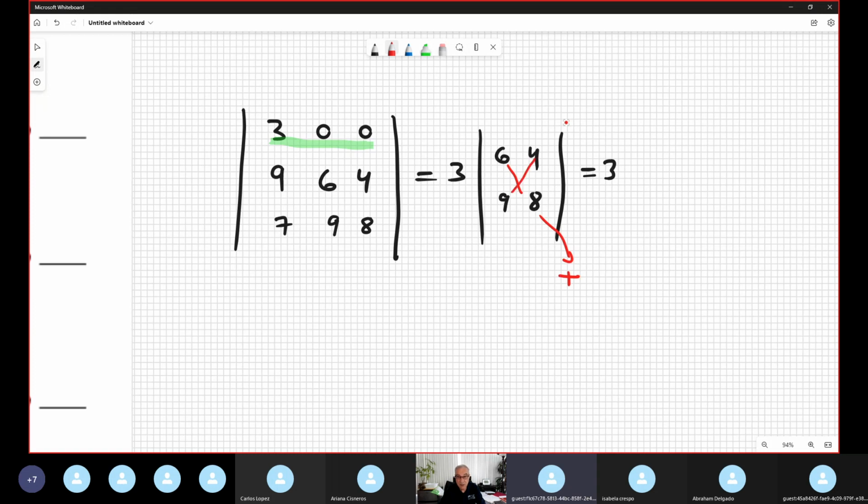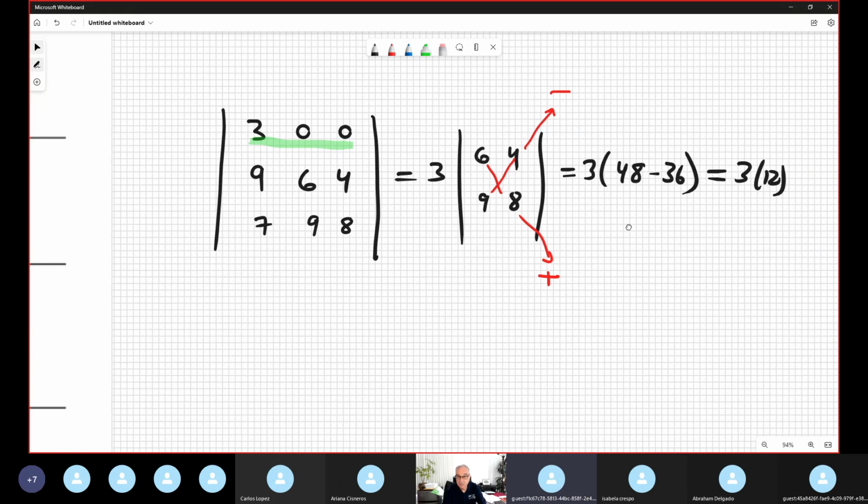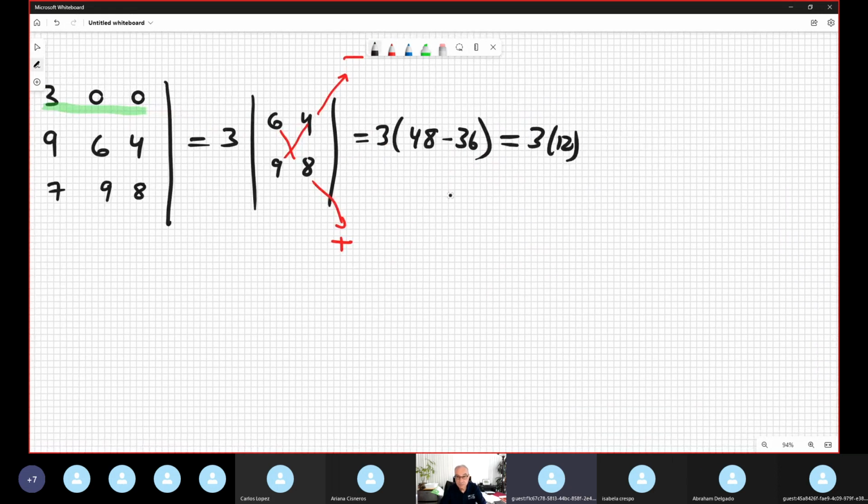And you multiply this guy times this guy, with an extra -1. So actually it is 48 minus 36, which is 9 times 4. So this is 12, 3 times 12, the answer is 36. That is the answer, which corresponds with option C. Super clear?